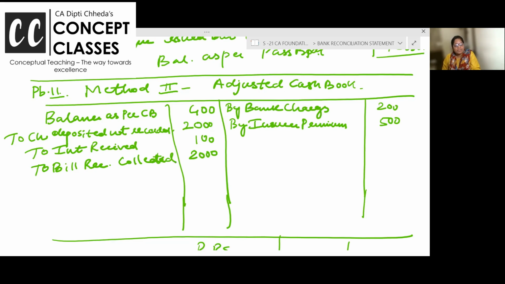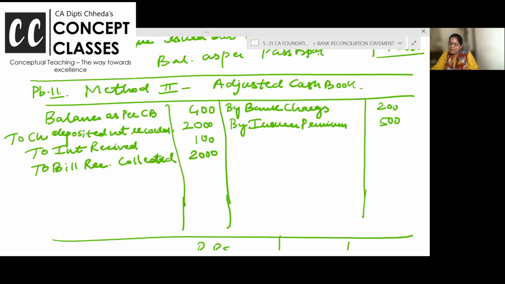Check deposited for collection, returned dishonored, and recorded in passbook only. Check is deposited for collection, so the bank was debited. Now it is returned dishonored, and recorded in passbook only.